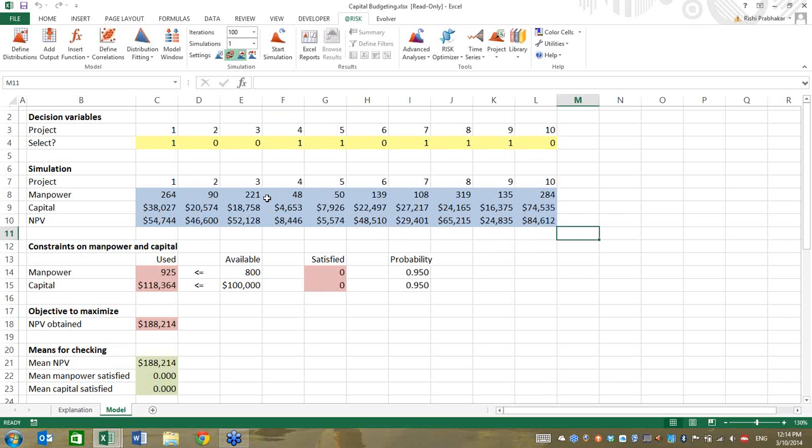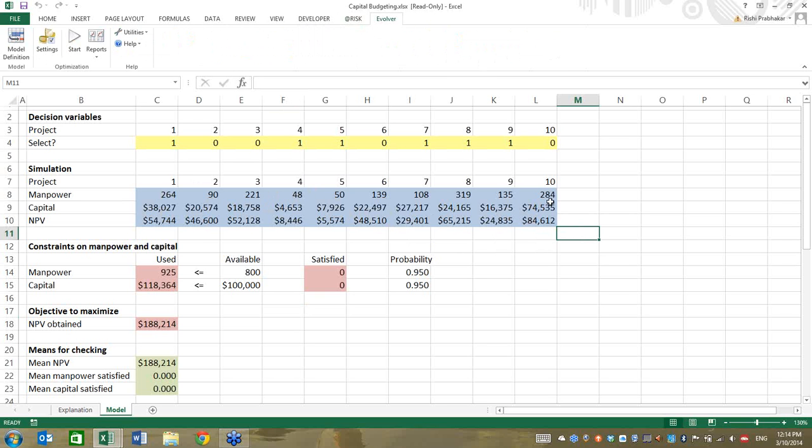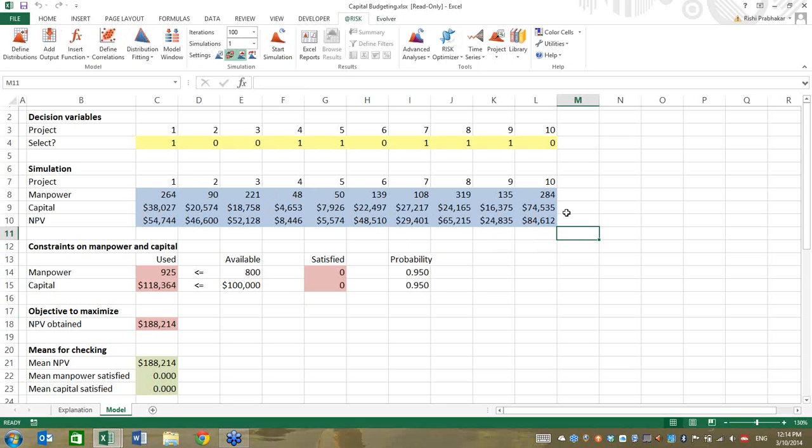Now, if there isn't much uncertainty or it's relatively symmetric, then Evolver will solve problems perfectly acceptably. Likewise, if we actually do have a linear problem, which by construction won't have uncertainty in it, then we would certainly need to use Evolver to solve that.